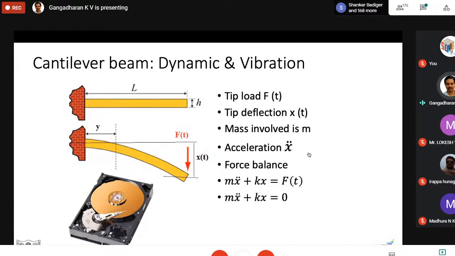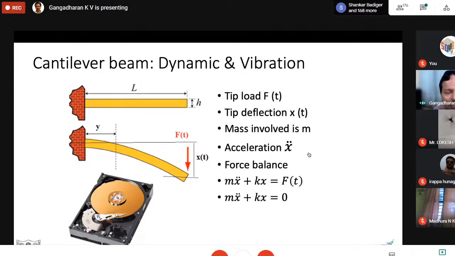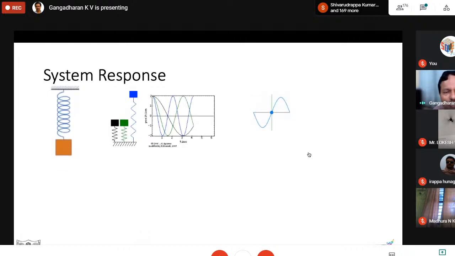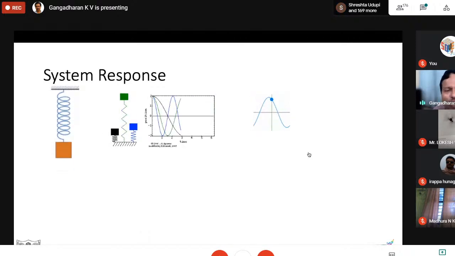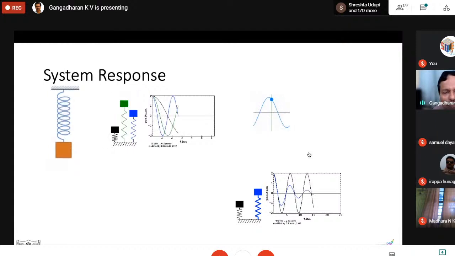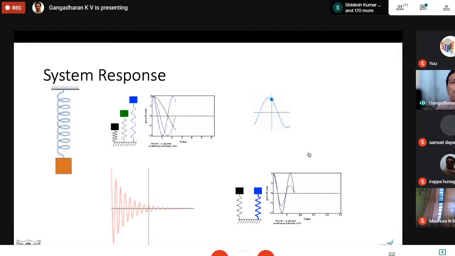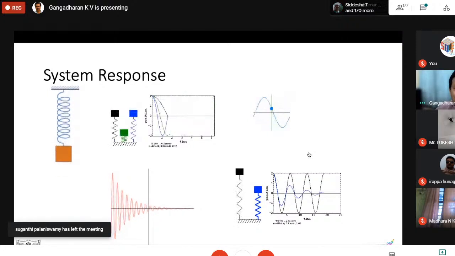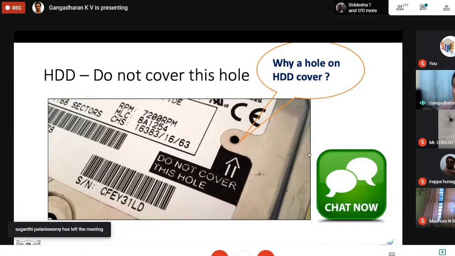I will take all the elasticity present in the system as K, and all the mass which is actively participating in the dynamics as M. Obviously, I need something else to be considered, which we'll see when I show you the experiment. And once it comes to this, we know what system responses, what parameters to look at, how to analyze, and what parameters can be varied in order to get appropriate variations can be very easily found out. Okay, now it is time for you to do some activity.